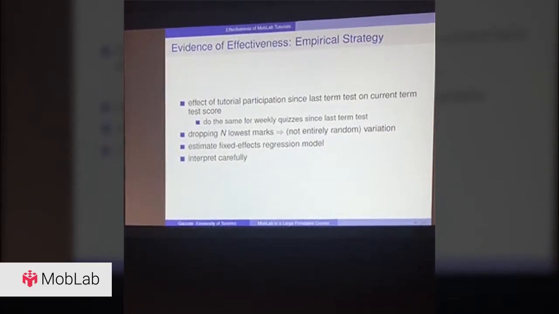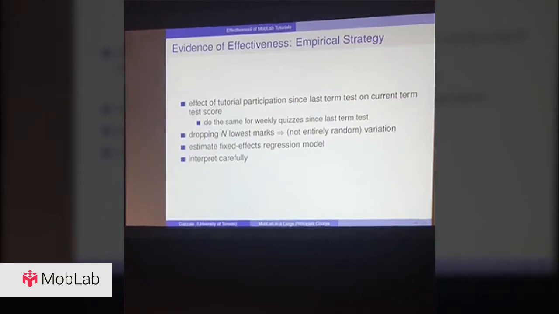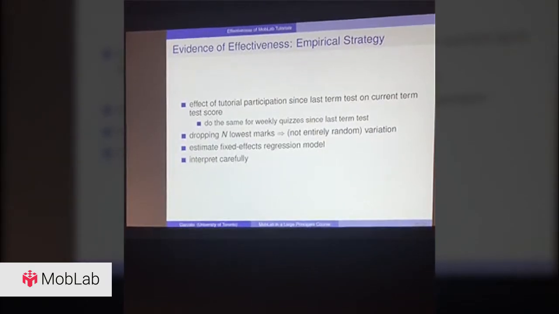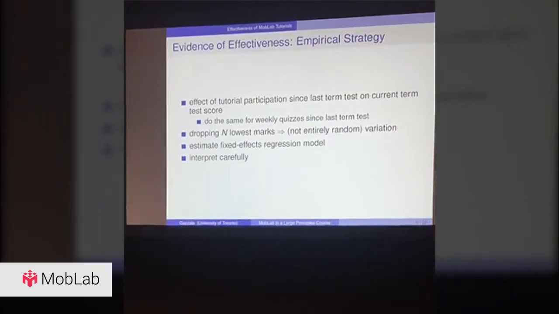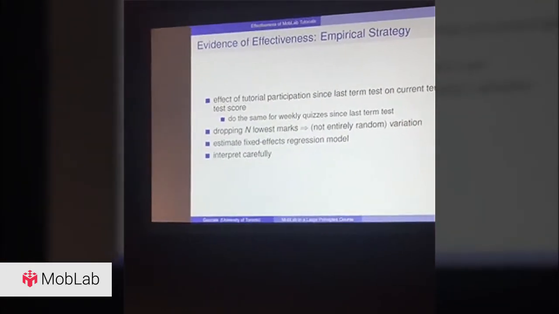What this does is create some within-student variation in terms of when they take these drops. Some students might take their drops before term test 1. Some students might take more drops before term test 2.